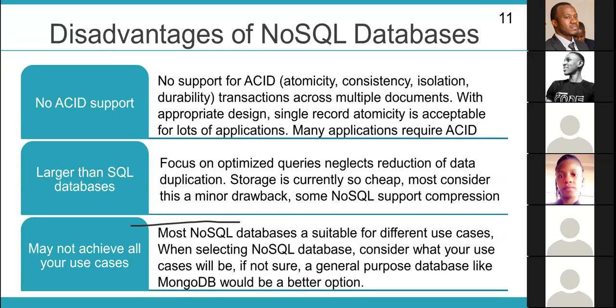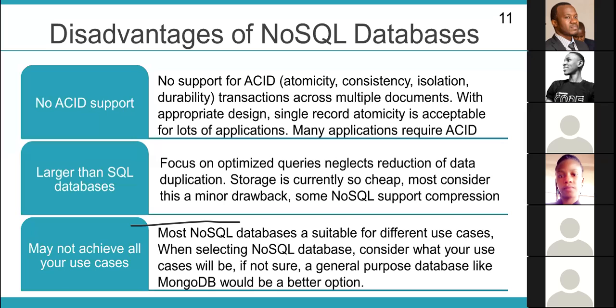Some of the disadvantages we have here is that NoSQL databases do not support ACID operations. I assume that you've looked at this previously, but ACID operations, that is atomicity, consistency, isolation, and durability, are a requirement for secure transactions in your database.